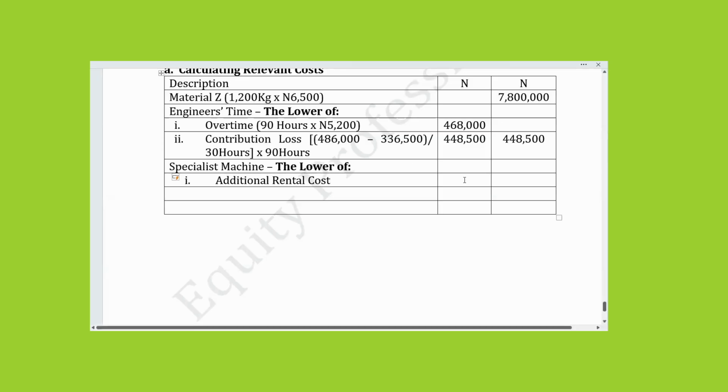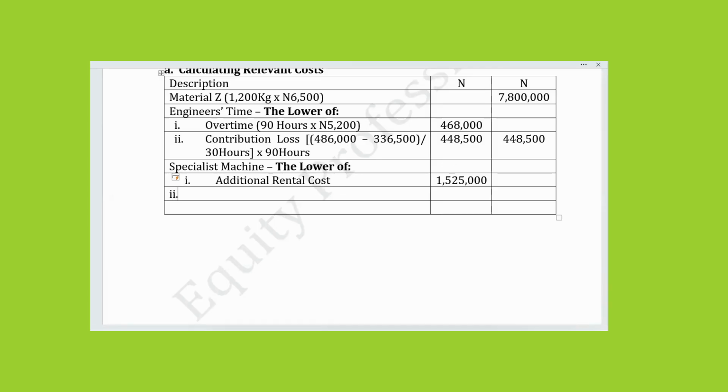How much is that? 1,525,000. You then compare this with option two. Option two is to purchase. It chose to purchase the machine at 16 million naira and then dispose of it for 14 million naira. So let's determine the net purchase price.